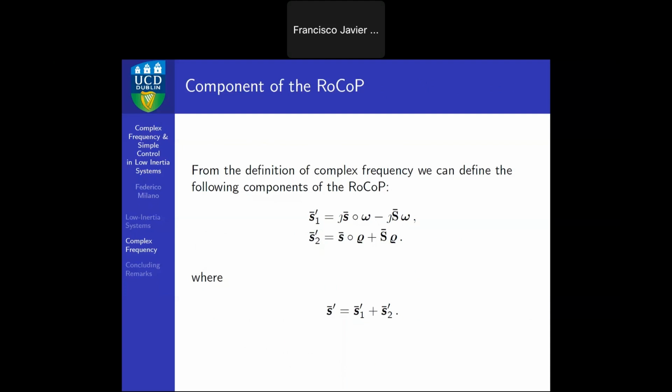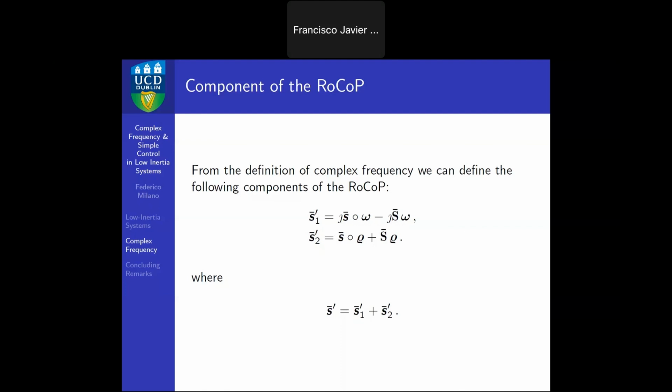The consequences are interesting because, since it's a complex expression, we can write two components. The sum of that is what we have found so far, but there are always two components. One is a function only of omega, the conventional frequency that we know, and one is a function only of rho, which is this radial frequency that depends on the magnitude.